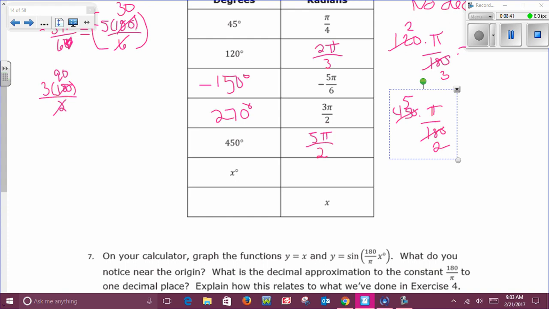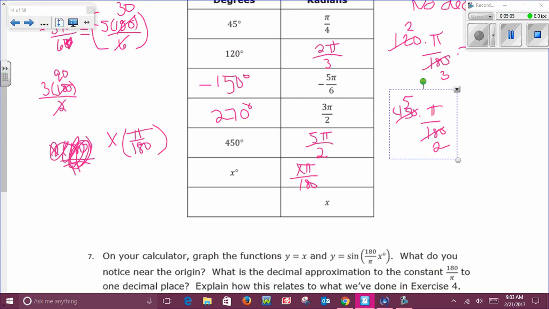X degrees, well, when we're converting from degrees to radians, we do the degrees times, oh sorry, I'm upside down. Yikes. So we're turning it into radians, it'd be pi over 180. So it's x times pi over 180 is my generic form.